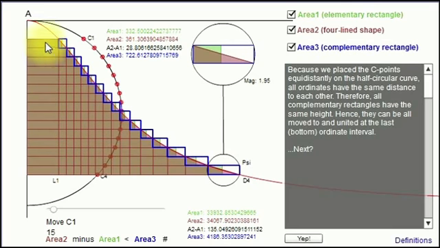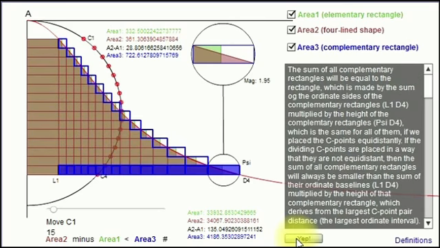And because we made these intervals equidistant, they will all fit into the last ordinate interval. And the sum of those complementary rectangles would constitute this rectangle down here, being L1, D4 and psi. And that is the same area as the sum of all areas of all the complementary rectangles involved.